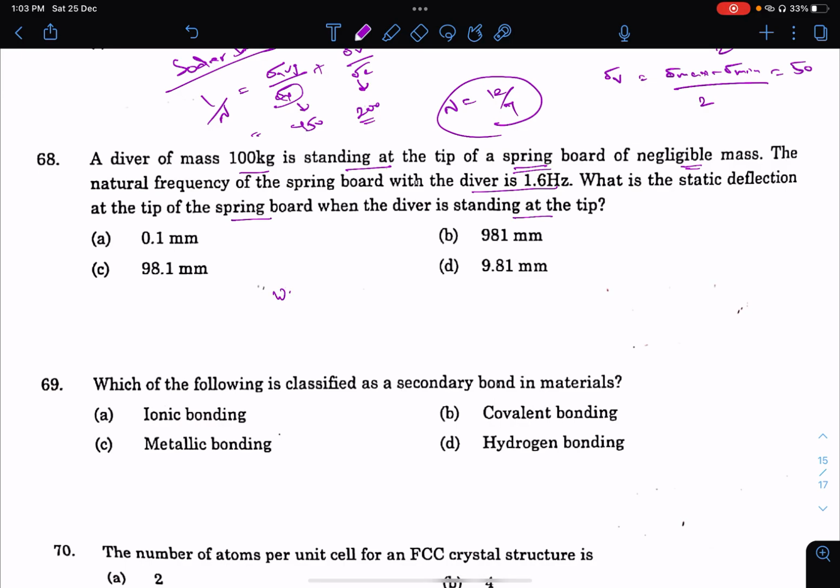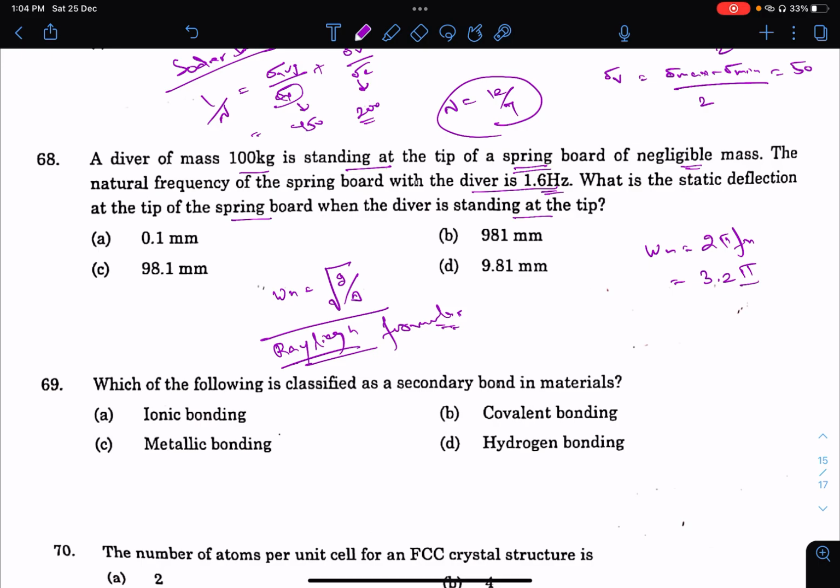So I know omega n is equal to root of g by delta. This will come out with the Rayleigh formula. So omega n will be 2 pi fn, because the frequency is given in hertz. So this will come out to be 3.2 pi. So omega n is equal to 3.2 pi is equal to root of g by delta.